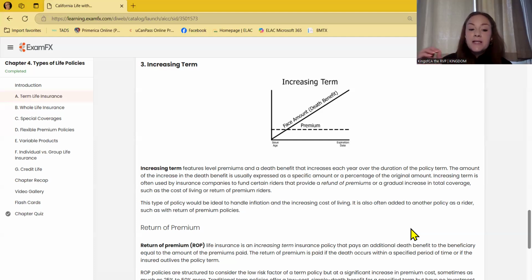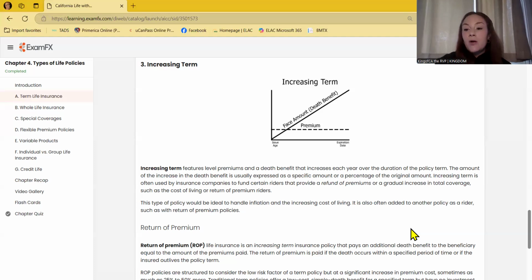Increasing term is often used by insurance companies to fund certain riders that provide a refund of premium or a gradual increase in total coverage, such as cost of living or return of premium riders. This type of policy would be ideal to handle inflation and increasing cost of living. It is also often added to another policy as a rider, such as the return of premium rider.